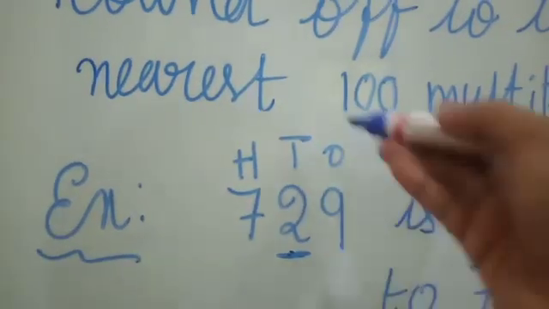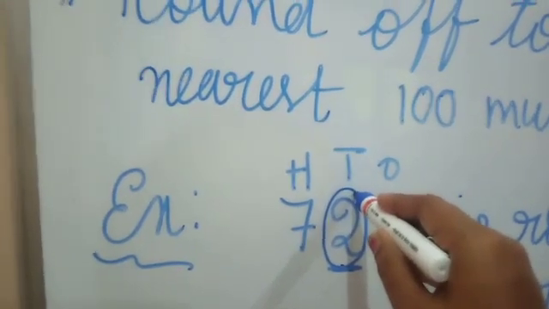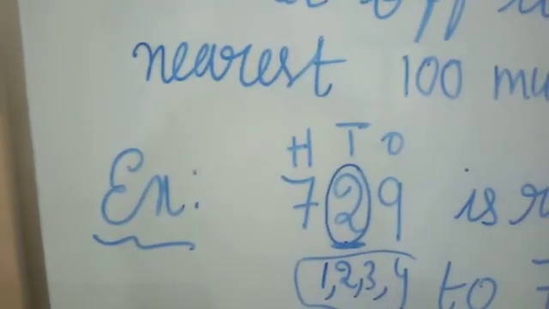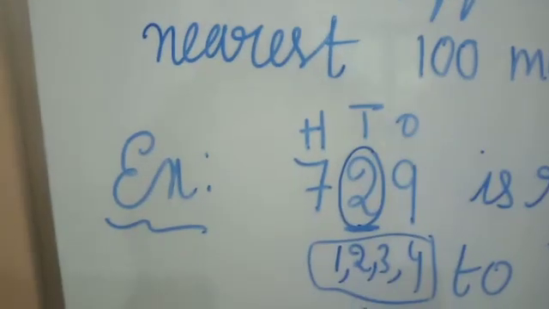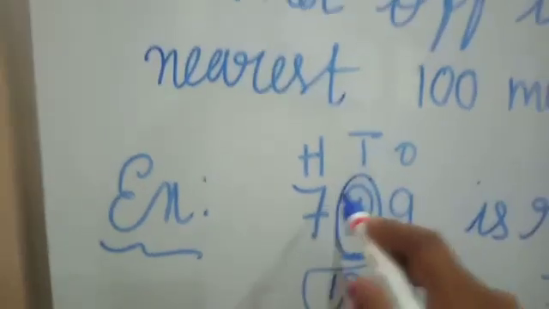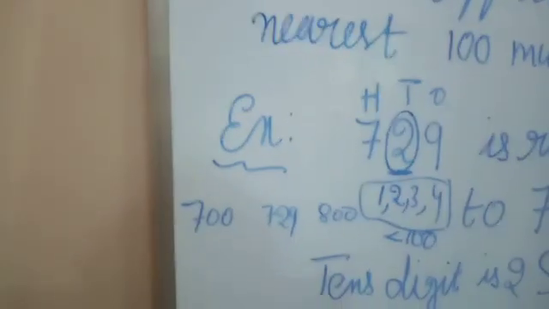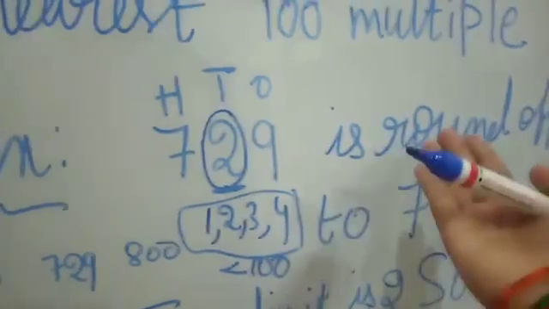In the same way in hundreds also, if the number in the tens place is 1, 2, 3 or 4, you should round off the number to its lesser 100. 729 lies between 700 and 800. Which will be the lesser 100 for 729? 700 is the lesser 100. So you round it off to its nearest 100 as 700.